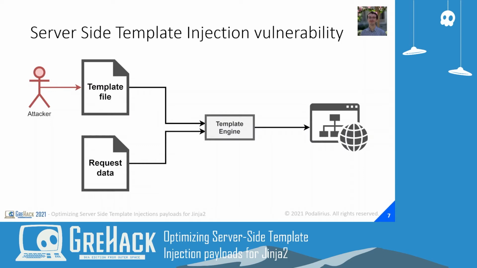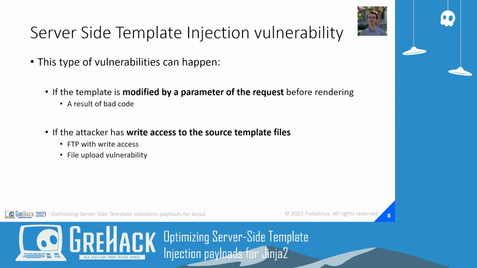So the server-side template injection vulnerability can happen when an attacker has control over the template file before it is rendered by the template engine. This can happen in many ways. The most common way is when an attacker modifies the parameter of the request, which will be reflected inside the template before rendering. This is usually a result of bad code, like mixing format strings and template engines, which can result in this kind of behavior.